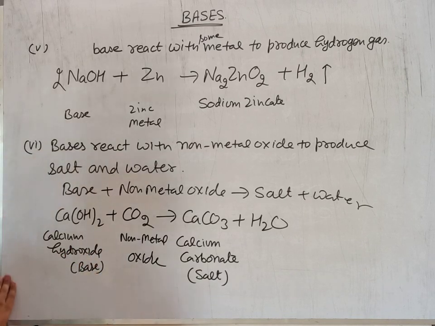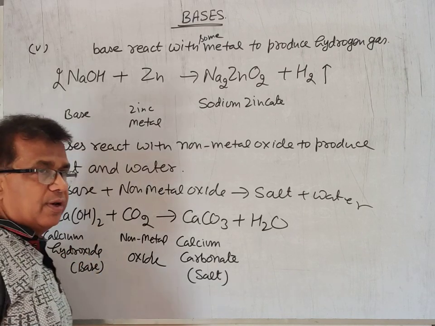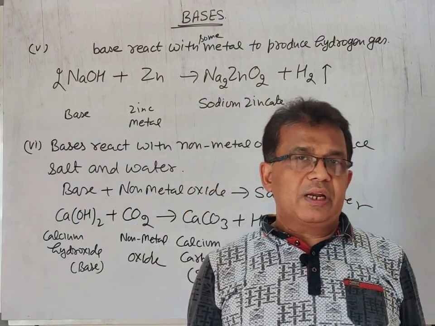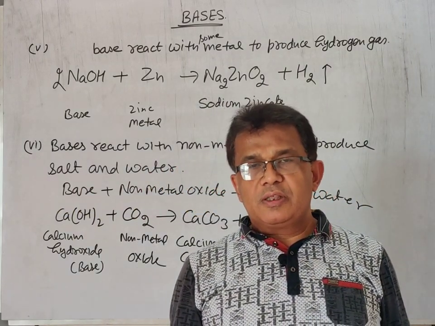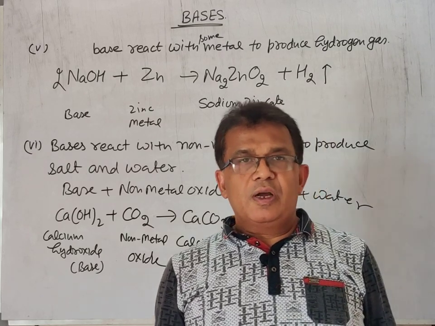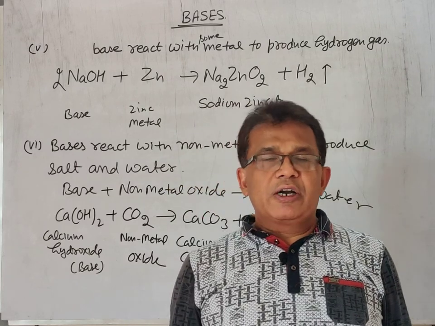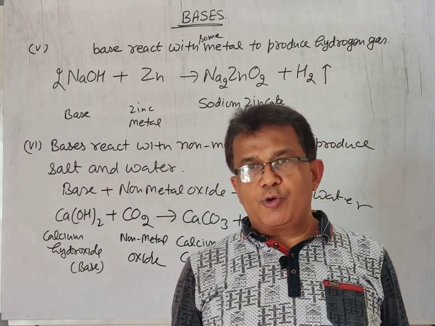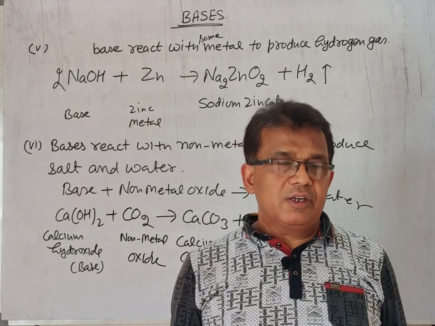So thus the topic of bases has been completed. In bases we have studied that bases are chemically opposite to acid. They turn red litmus blue. They are soapy in touch, and water soluble bases are known as alkali. All bases or alkali produce hydroxide ion in water.